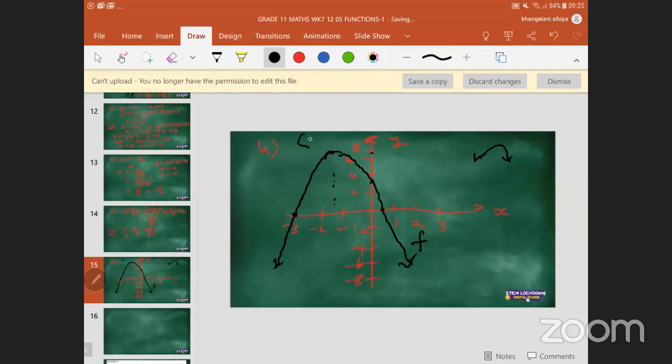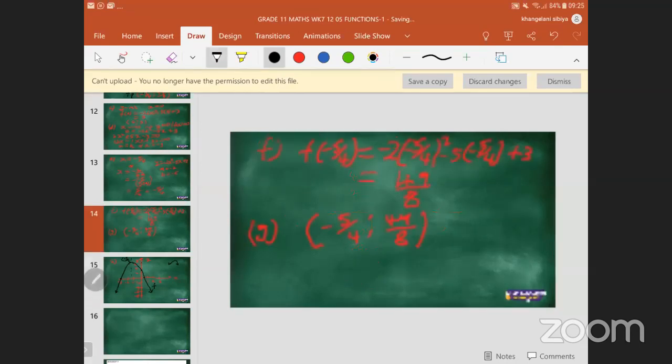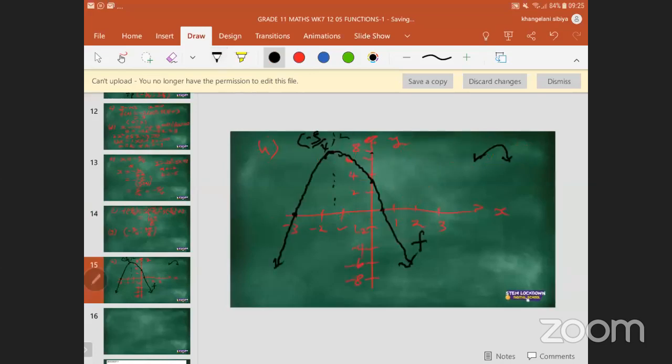Your turning point is negative 5/4, obviously, and 49/8. That is your turning point, right?